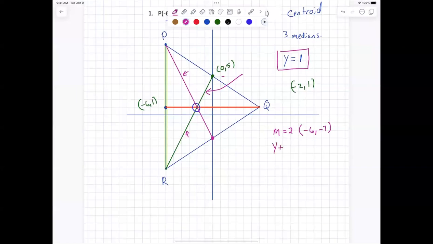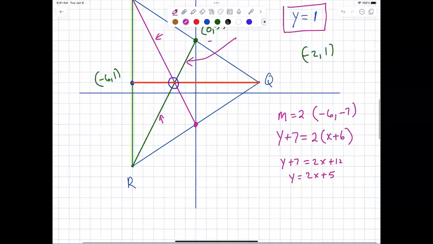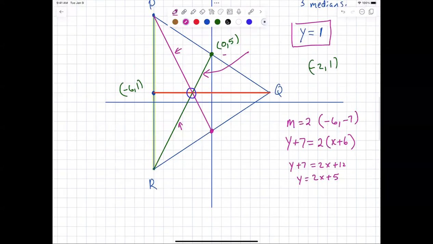Y plus 7 equals 2 times x plus 6. So now distribute: y plus 7 equals 2x plus 12, y equals 2x plus 5. Which is good because that matches up with what we said the y-intercept was.